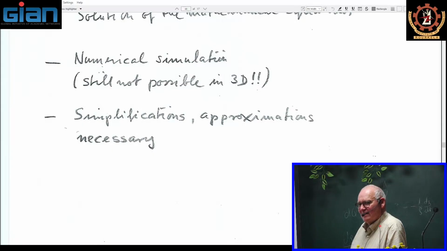A deeper insight into the problem can only be gained if we simplify the problem, if we make analytical models for certain aspects, and then we can get some insight. Numerical solution may be fine.